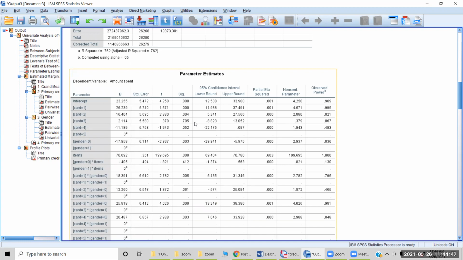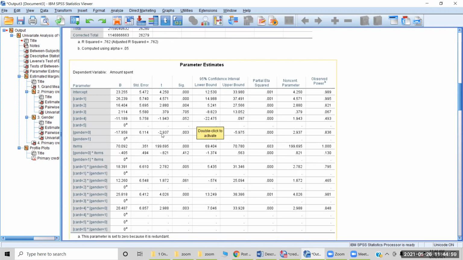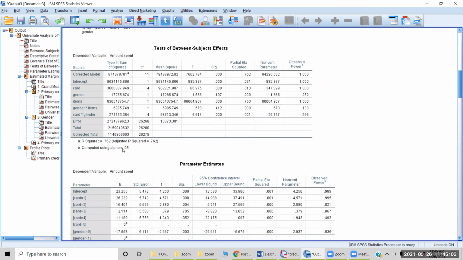So as a whole, does gender moderate the relationship of card and spending, and items and spending? How can we decide? If you look at the product term, for example, gender multiplied by items, it is not significant.